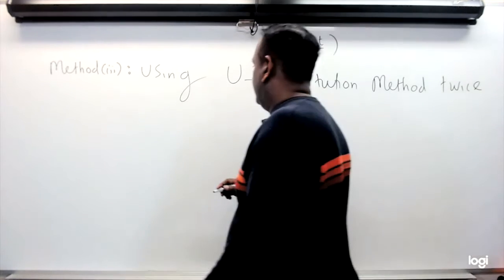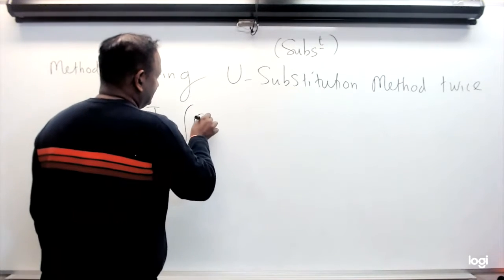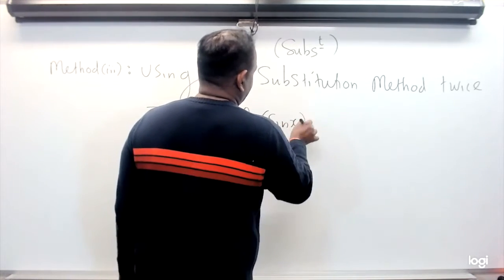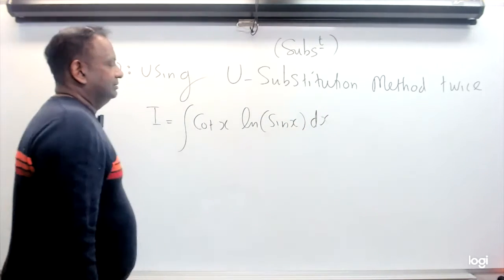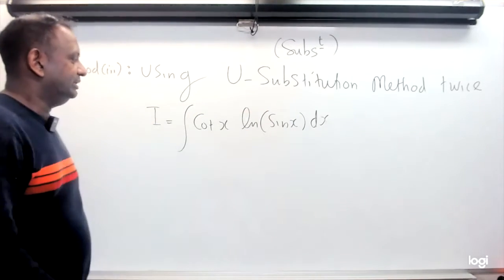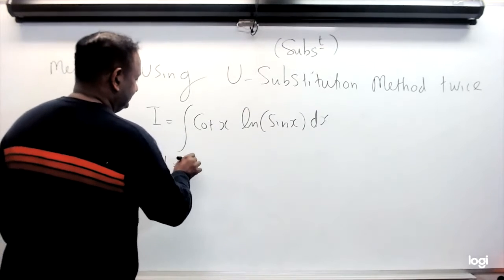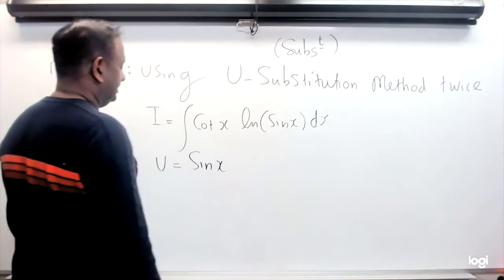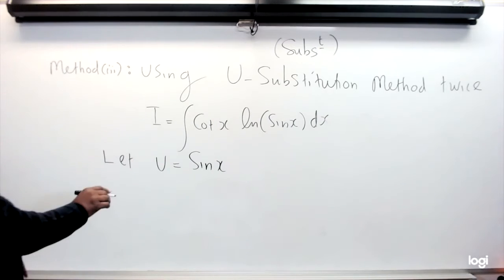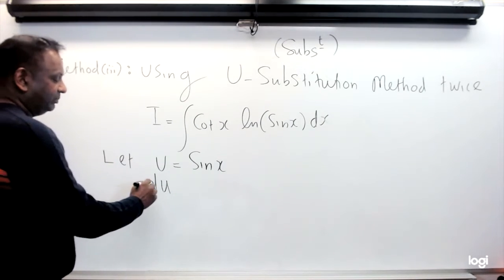Let's say that you have this integral, cot x ln sine x dx. By accident, you're going to think this part should be taken as u. Let u equals sine x. That means you are planning to get started from there and thinking, okay, it might work. Let's see. Take the derivative, that means du. You don't need the 1 anymore.